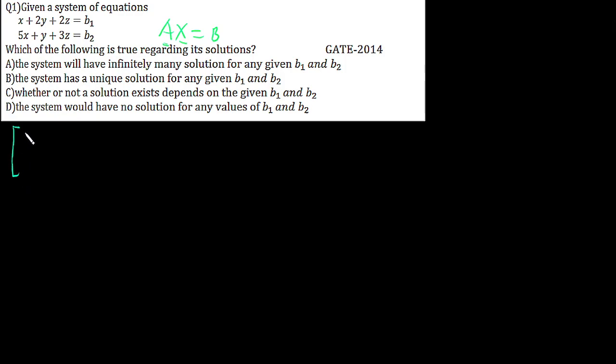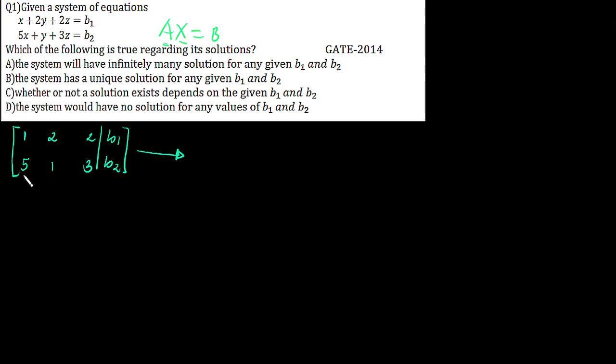We put the coefficient matrix here. The coefficients of the first equation are 1, 2 and 2, and for the second equation 5, 1 and 3. Now let's put the values b1 and b2 here to make the augmented matrix. To find the condition of solution for this system, we have to reduce this matrix into echelon form.